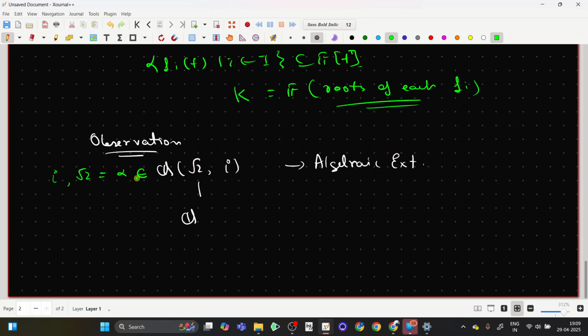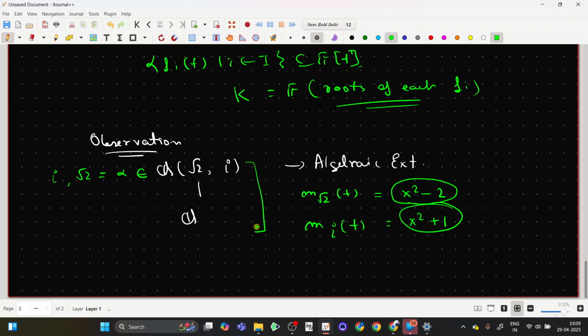But suppose alpha is either root 2 or i, then we know the minimal polynomial of root 2 over Q is x square minus 2, and the minimal polynomial of i over Q is x square plus 1. And observe very carefully that both of these minimal polynomials split completely over this normal extension. Getting my point? Is it clear for you?